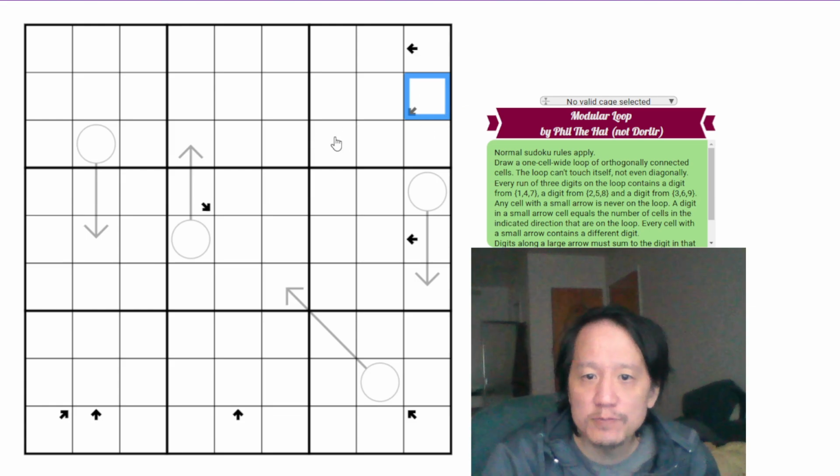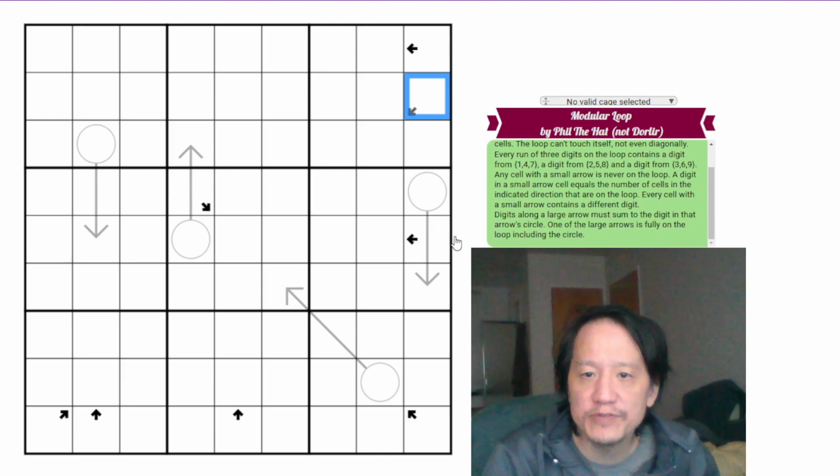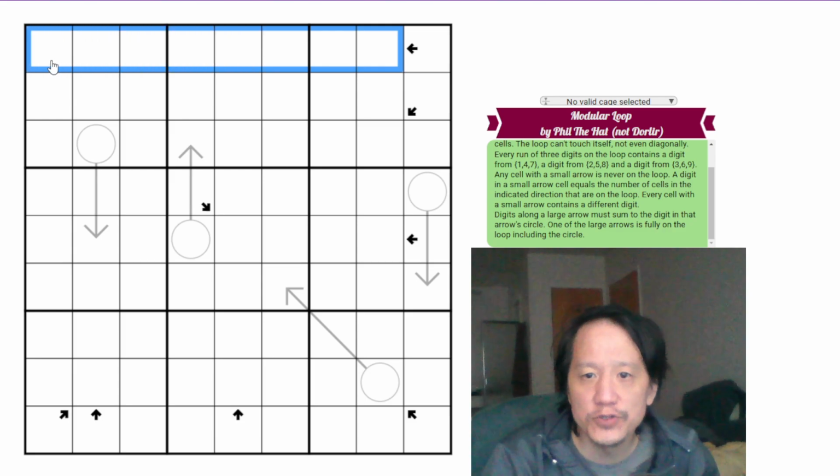A digit in a small arrow cell equals the number of cells in the indicated direction that are on the loop. Every cell with a small arrow contains a different digit. Oh, that's actually very interesting. For example, this points in this direction, so of the cells in that direction, a certain number are on the loop.